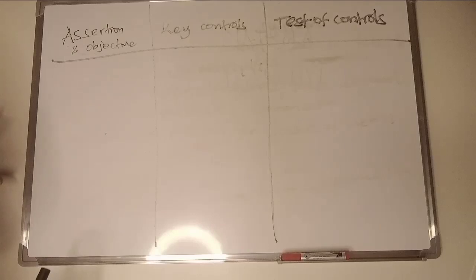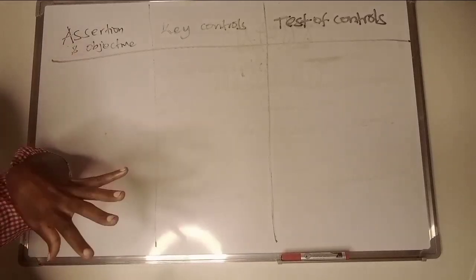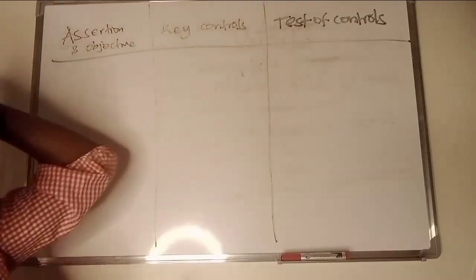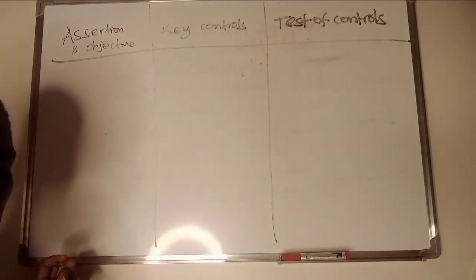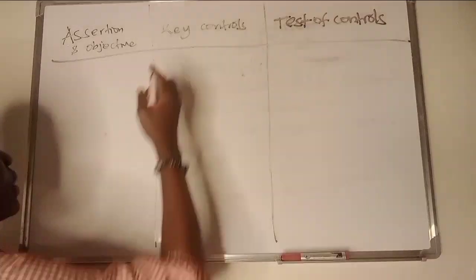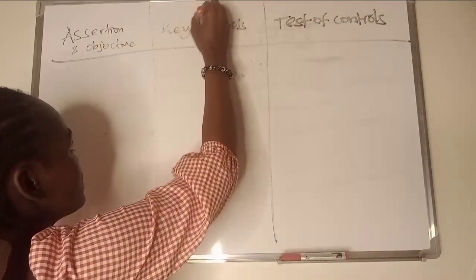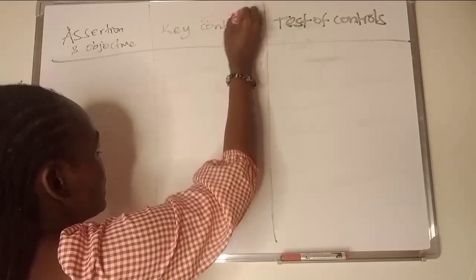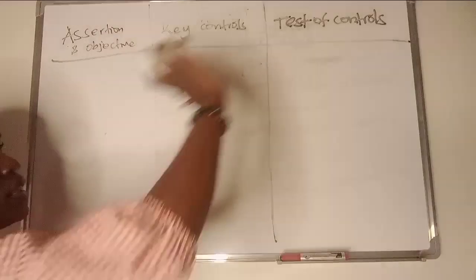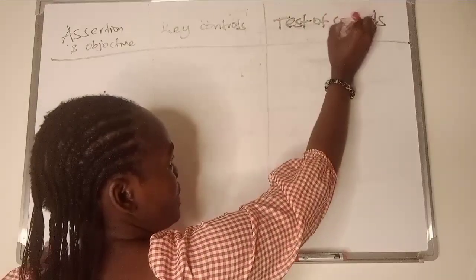We are going to look at each assertion and its objective, key controls, and then test of controls. You should note that key controls are by management and those charged with governance, while test of controls are by the auditor.